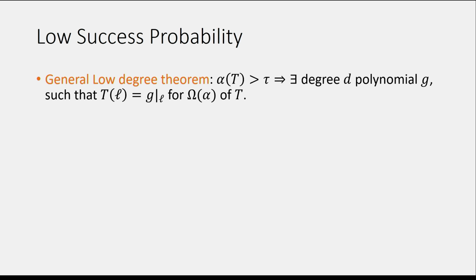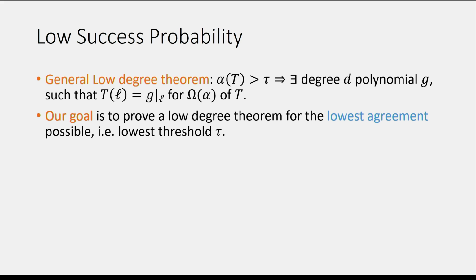The best we can hope for is that if alpha is larger than some threshold, tau, then there exists a degree D polynomial G that equals the table on Omega of alpha fraction of the table. Because we only have alpha agreement, we can't expect more than alpha, because the rest of the table can be complete junk, and it's just going to fail every time we read it.